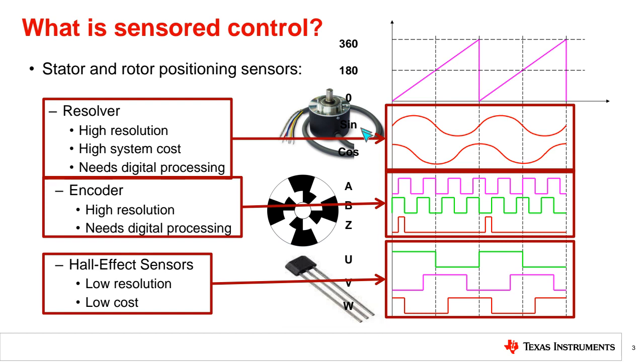In encoder, we have A plus, A minus, B plus, B minus, and Z. Also ground and VCC. If you have a 7 cable, this is called an encoder. If you have a 3 cable, it's called a Hall sensor.